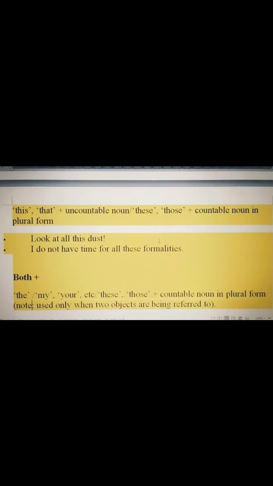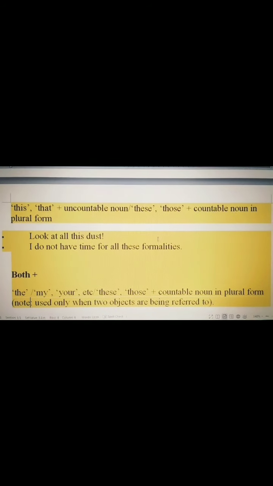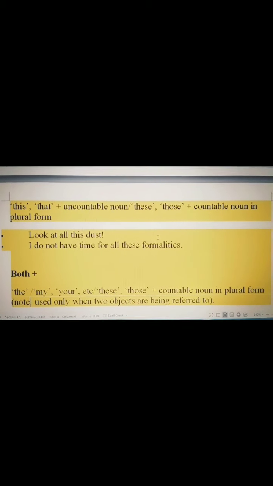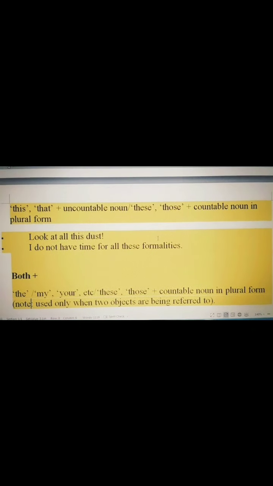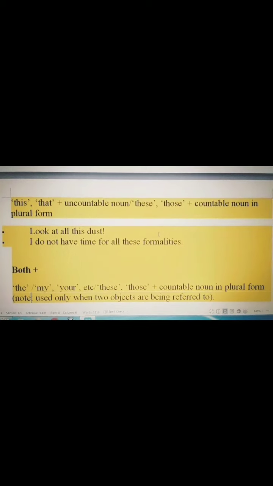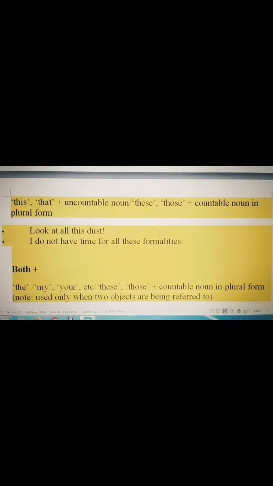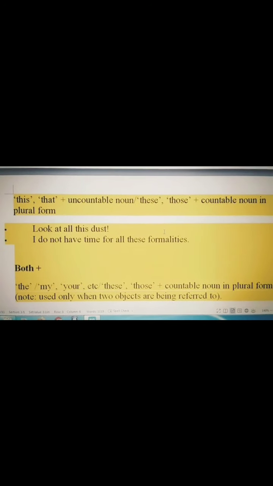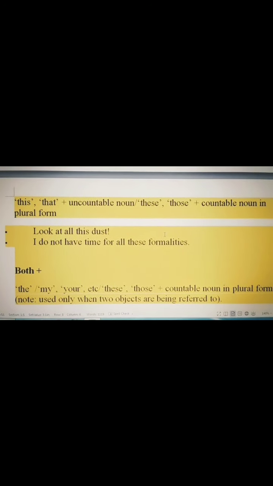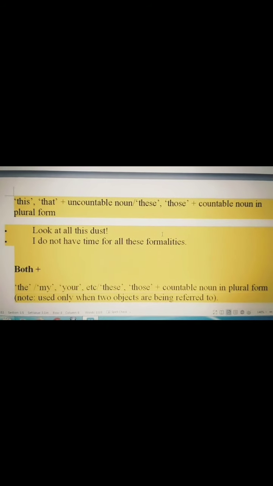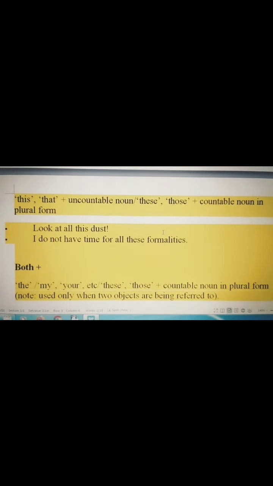Now we'll see another use of all, with this or that, and these and those also. This and that are used with the uncountable noun, and these and those with the countable one. So look at the example. Look at all this dust, which is the uncountable one.